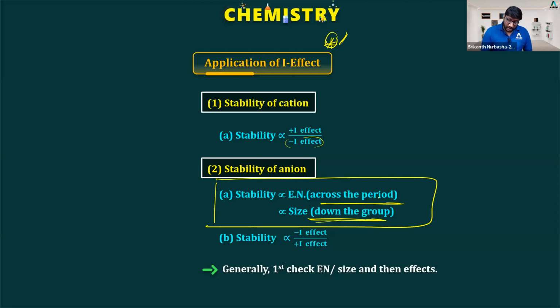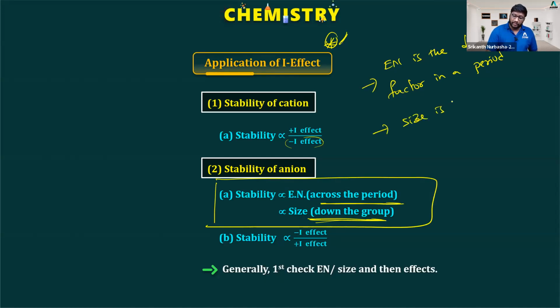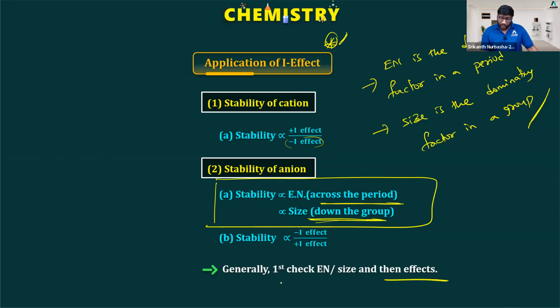Electronegativity is the dominating factor in a period, size is the dominating factor in a group. Generally, first check electronegativity or size and then compare effects. First you have to check the electronegativity or size, and only then compare the effects.